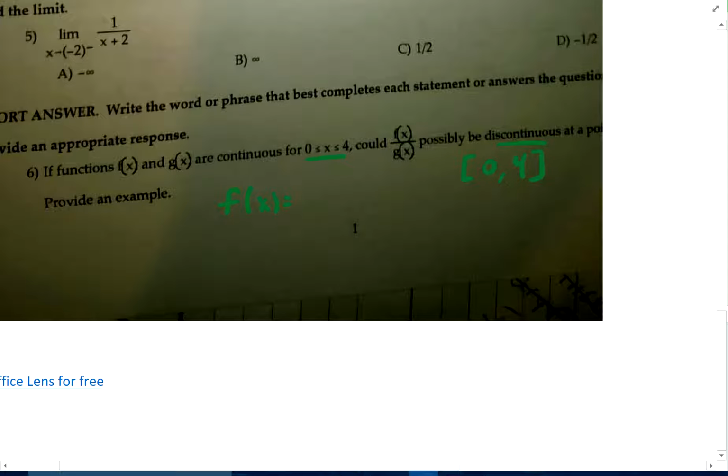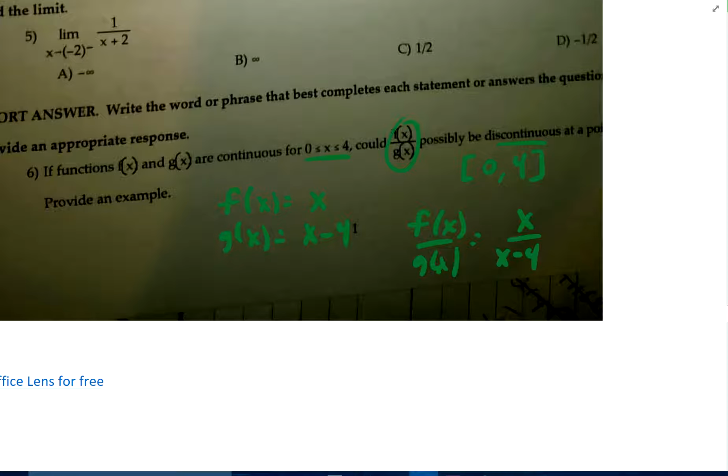F of x equals x, that's continuous everywhere, and g of x equals x minus 4, that's continuous everywhere, but f of x over g of x is x over x minus 4. Well, that's discontinuous at x equals 4. In fact, there's an asymptote there. So that would be an example of f of x over g of x that's discontinuous there.